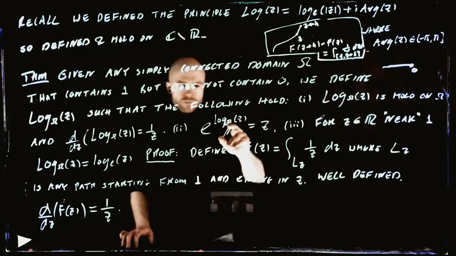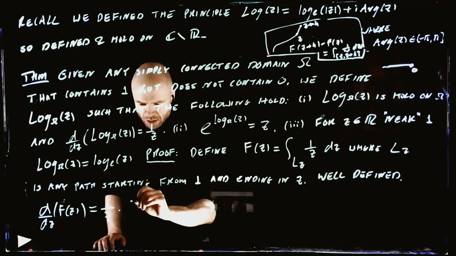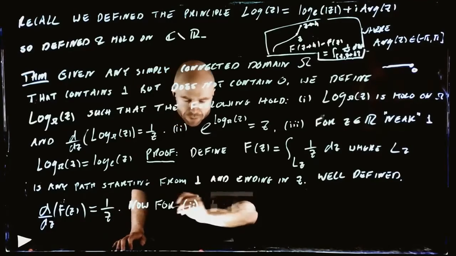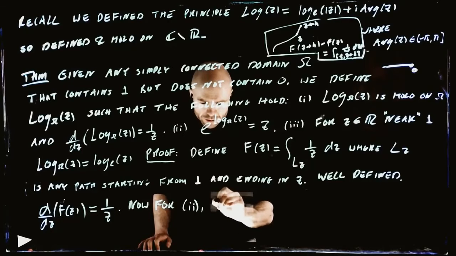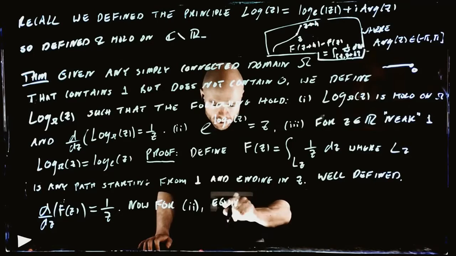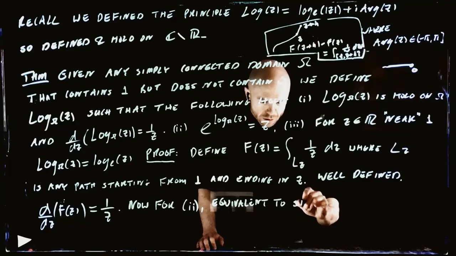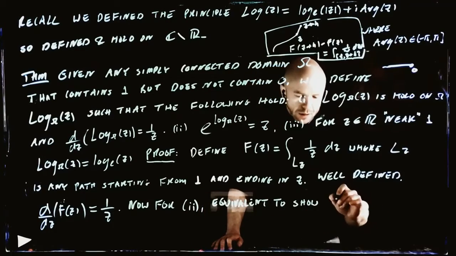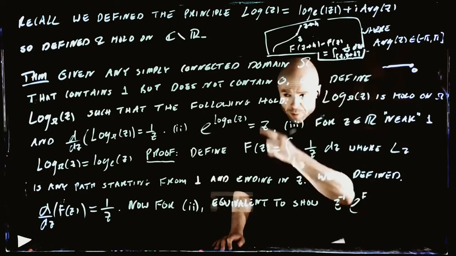Okay, point 2. Point 2, we want to show this. So it's equivalent to showing that z to the minus 1 e to the, and we're calling it capital F, right?